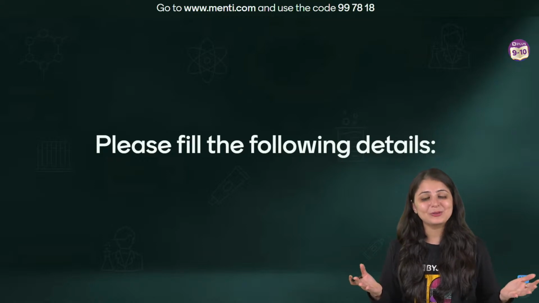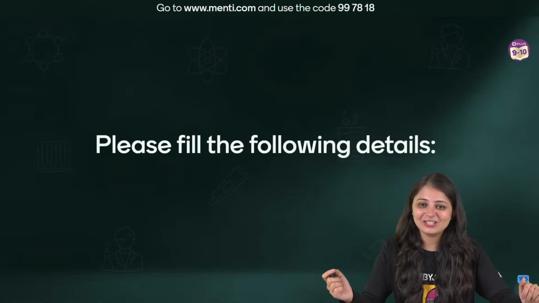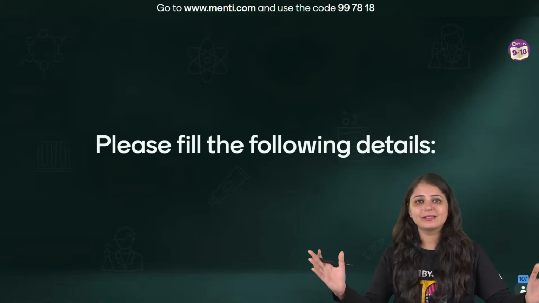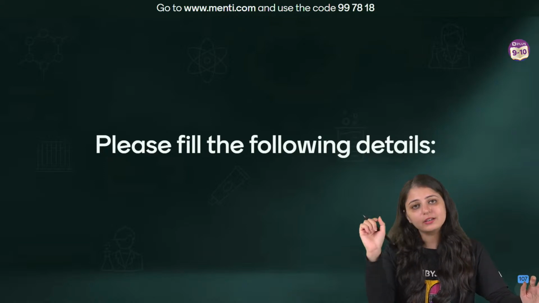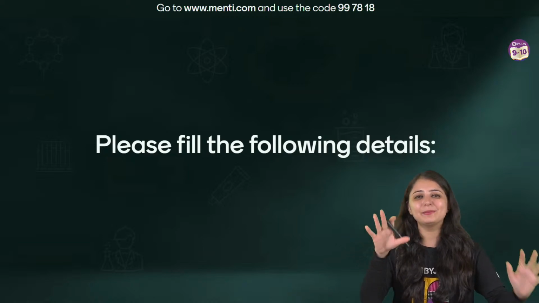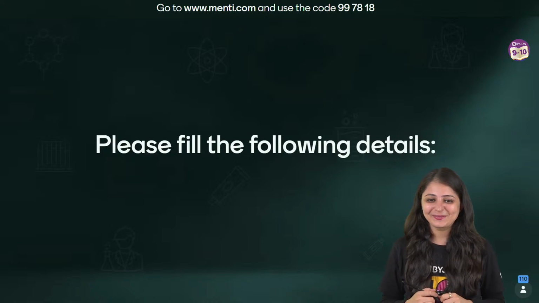See, the grade is not going to change, right? And of course, the pin code is also not going to change. Name, you might use a full name or a half name at some places. Keep it constant. Keep it uniform. जो रख रहे हो वही रखो. And of course, you come up with a lot of funky names over here. I know, Menti पे बहुत funky names आते हैं, but for this session, go for your real name.